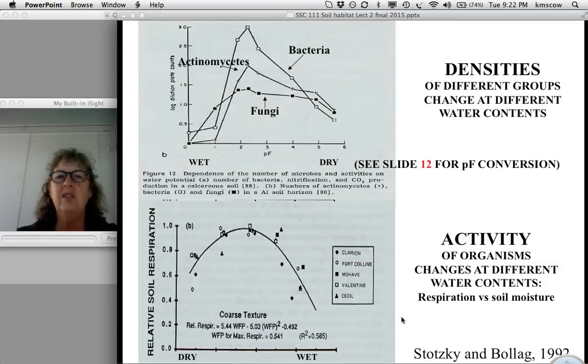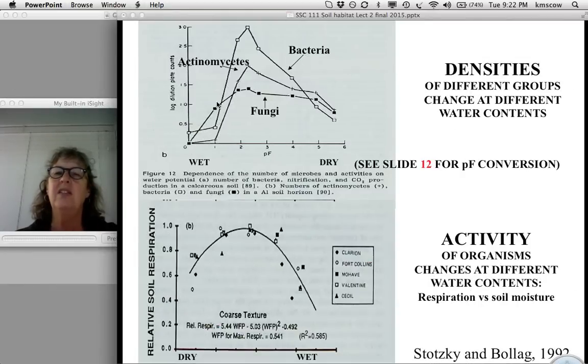All right, and here are some densities of different groups of organisms. These are just plate counts, but you can see here this is pF. It's another measurement of soil moisture, but all you need to know is this is a very wet soil over here and a very dry soil over here. And you can see in very wet soils, your plate counts are lower.